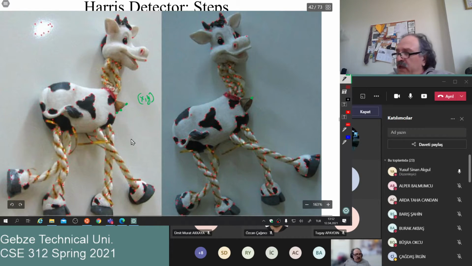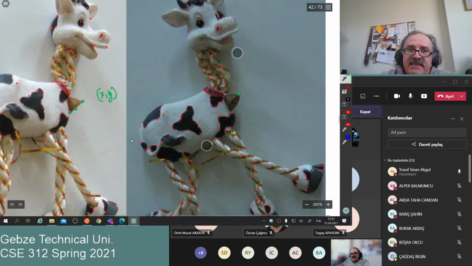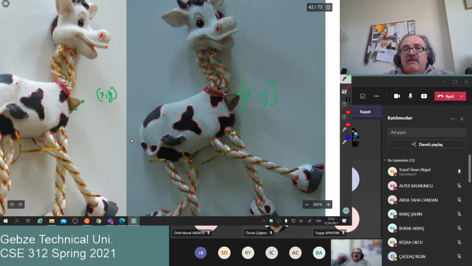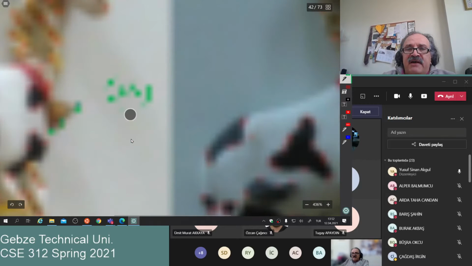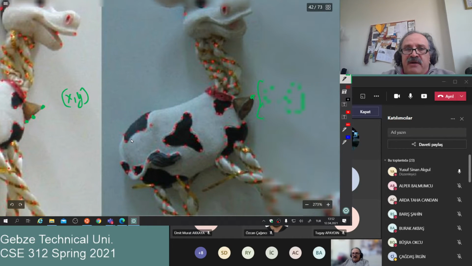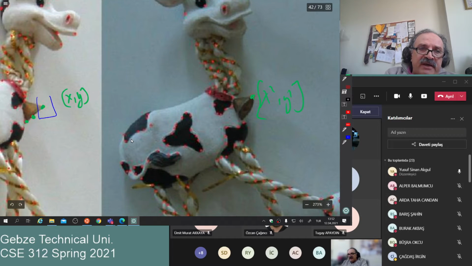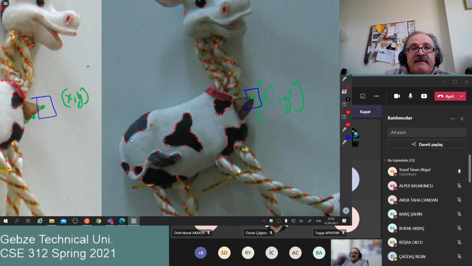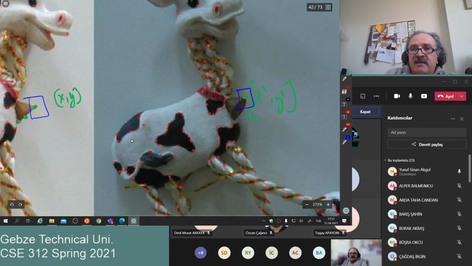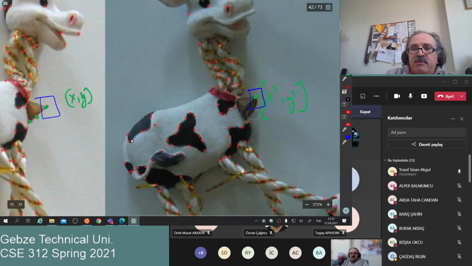Okay, so how do I match this xy with this x prime, y prime? Okay, one thing maybe it could be, you would say that, okay, this is an xy, this is x prime, y prime. Maybe I can take this window around this xy and match it with this window. Let's say this is W1 and W2.